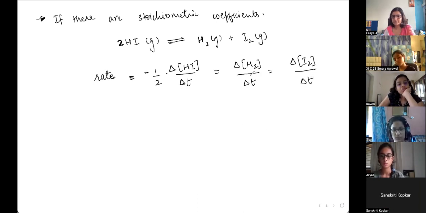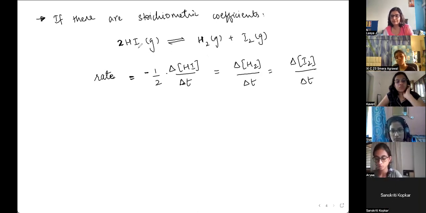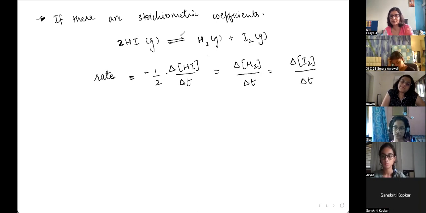Why divide by 2? Because you always measure it per mole of whatever substance you're looking at, whether it's reactant or product. For the reaction to take place, you need 2 moles of HI to produce a minimum of 1 mole of H2 and 1 mole of I2, right?